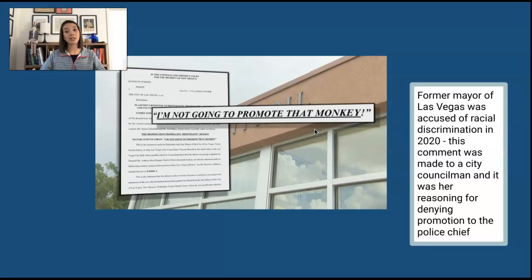That monkey refers to denying a police chief, who was actually the deputy police chief at the time, to be police chief, who happened to be African American.